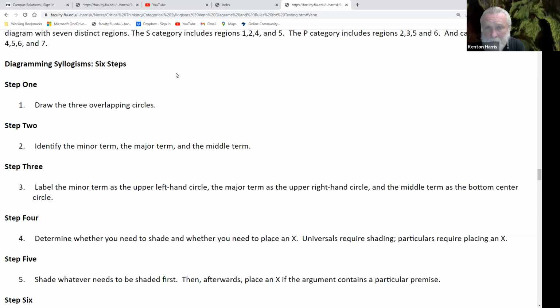But if one premise is a universal and one is a particular, then you have to shade first and X second. And if both your premises are particulars, you don't have a valid argument, but that's another story.